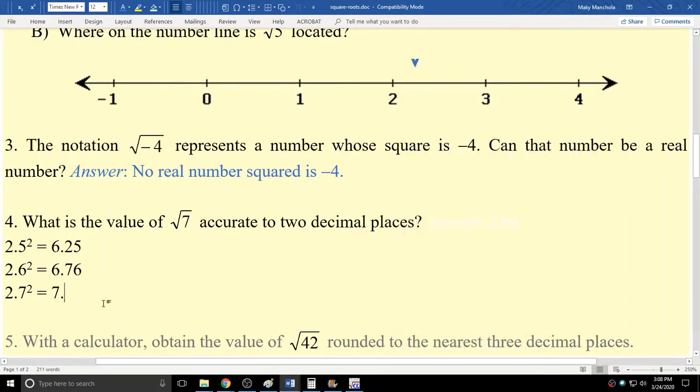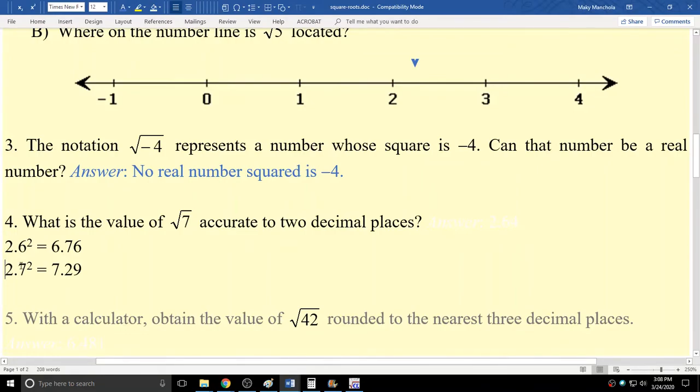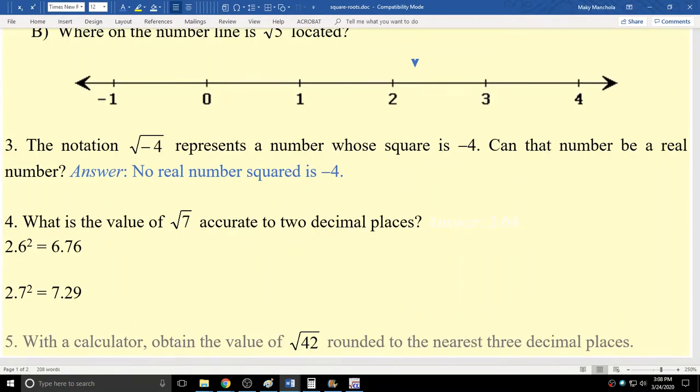So we conclude that the square root of 7 is neither of these three values, 2.5, 2.6, and 2.7. But notice that whatever the square root of 7 is going to have to be a number between 2.6 and 2.7.